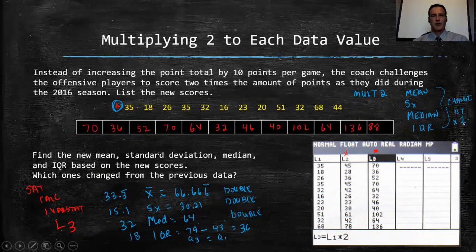All right, so a couple of rules here. I'm just going to write this at the top here. Again, remember, if you add or subtract any number to all your data values, then it'll affect your mean, and it'll affect your median.